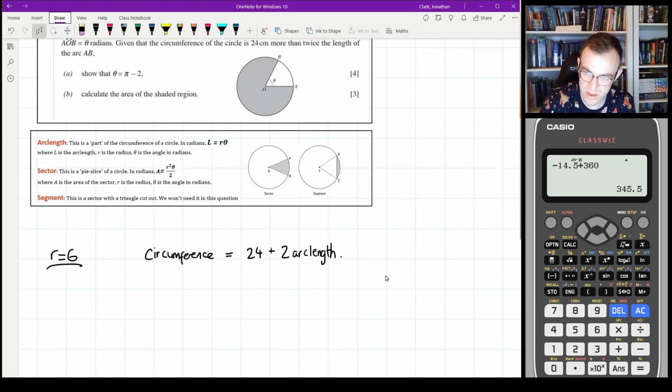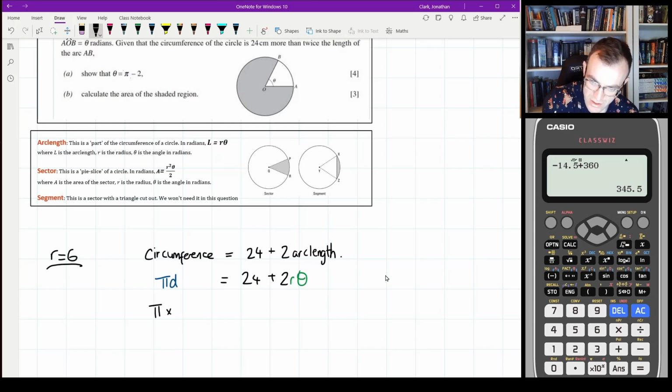Okay, so the circumference of a circle is pi times the diameter. And the arc length formula is r theta. So in this case, the diameter of the circle is 6 times 2, which is 12. And the radius is 6.